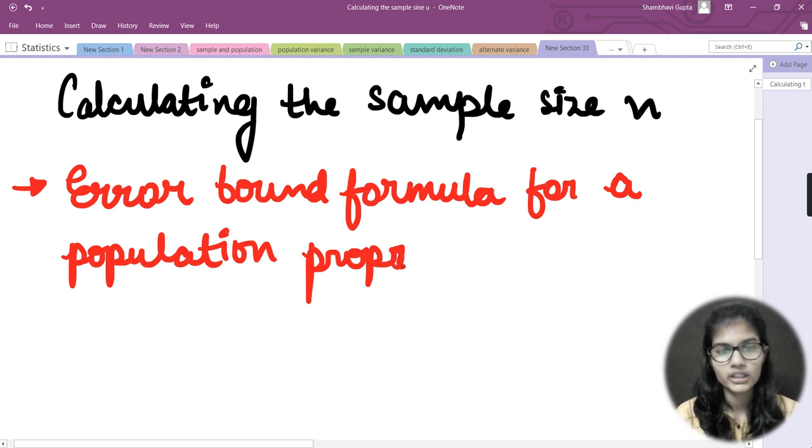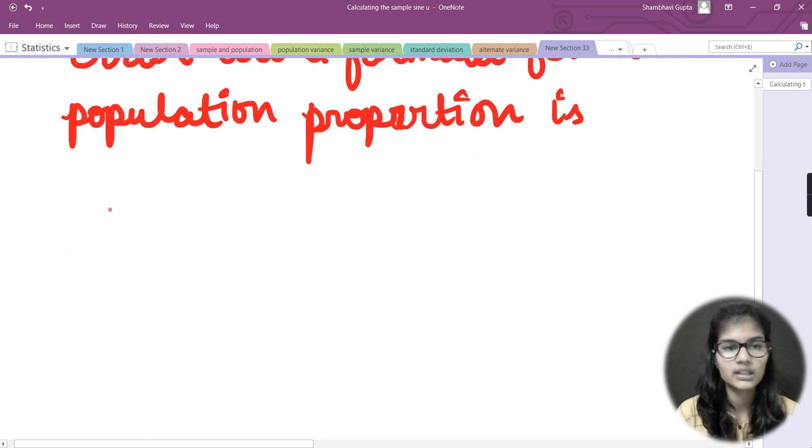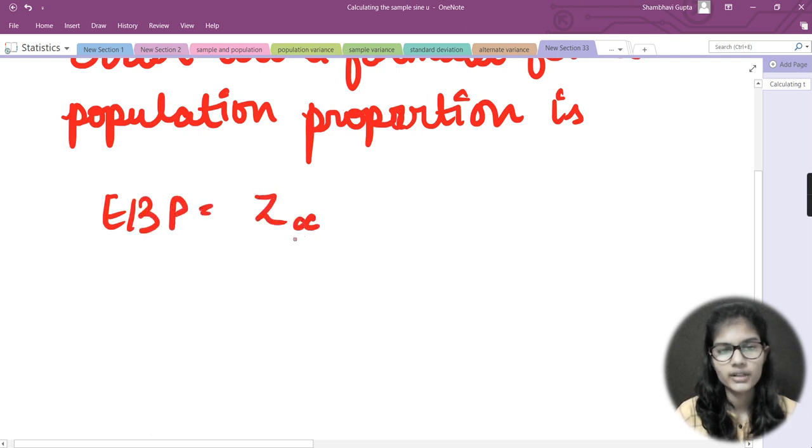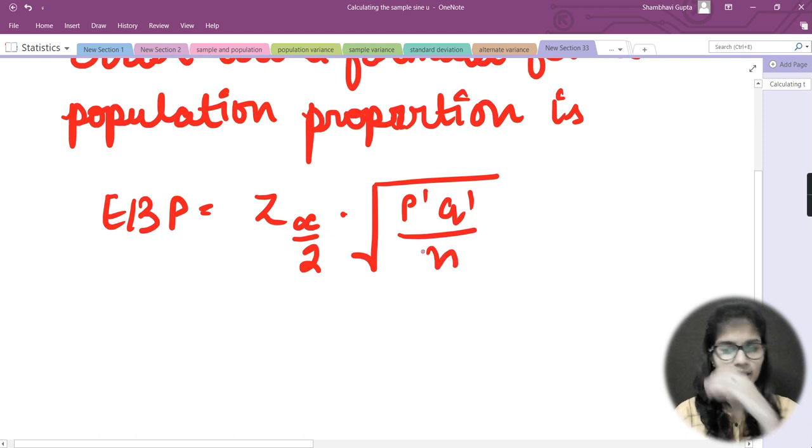The error bound formula for finding the population proportion, which we had previously as well, is EBP equals Z of alpha by 2 multiplied by the square root of P dash Q dash divided by n. This is the formula we have for finding the EBP.